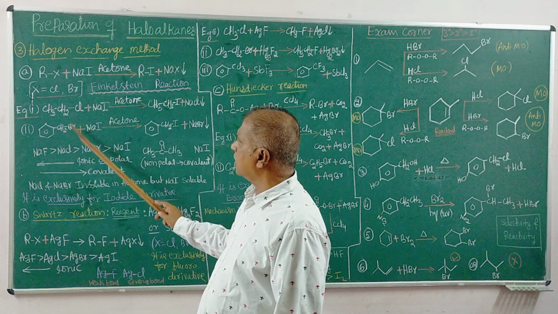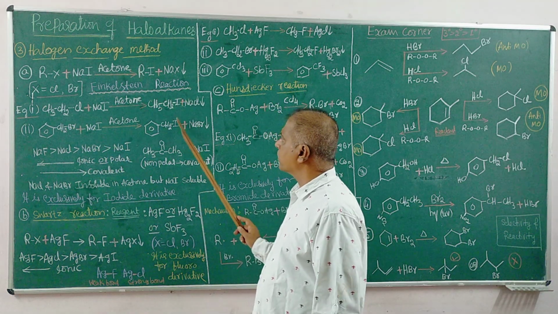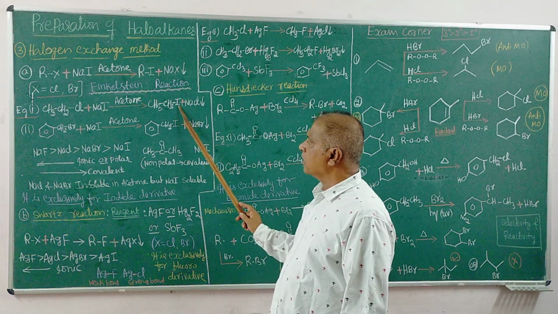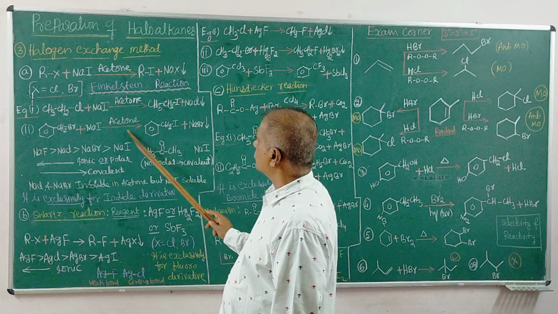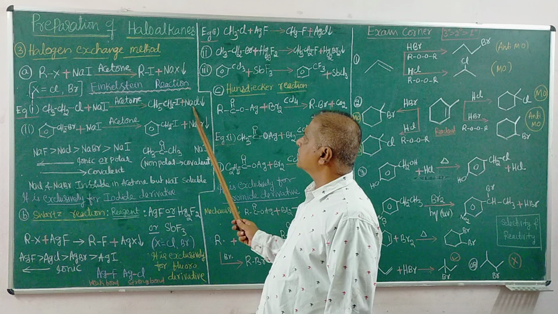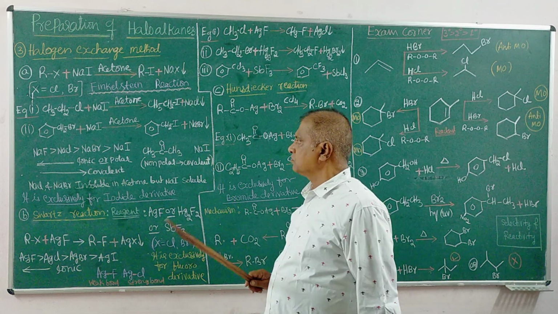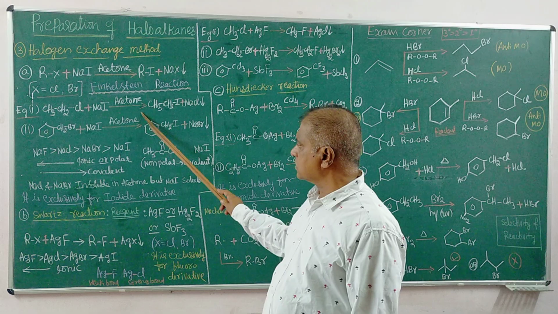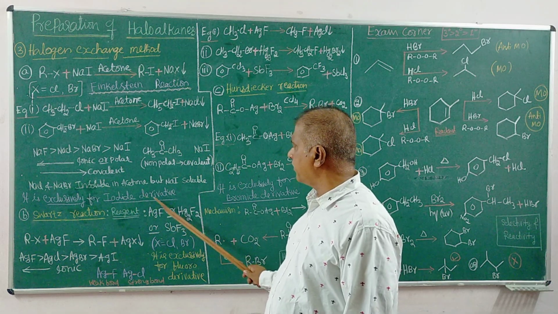So the Cl and Br derivatives change into the corresponding iodo derivative by the action of this in acetone. The byproduct is NaCl and NaBr, precipitated. These are the reactions. It is only for preparation of iodide derivatives.